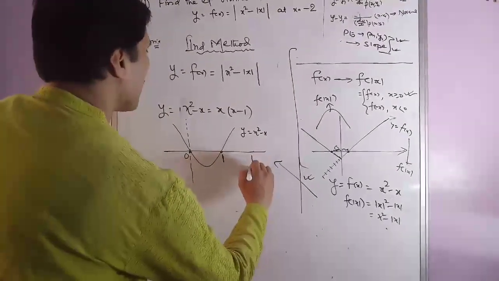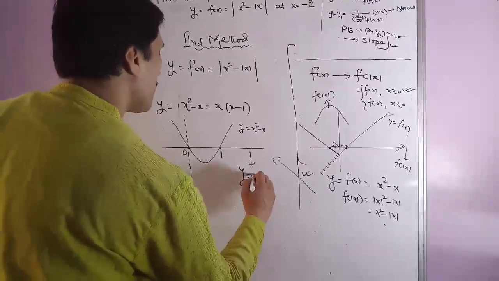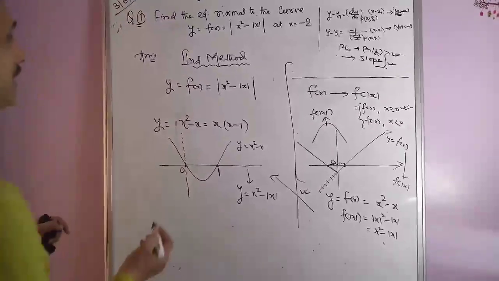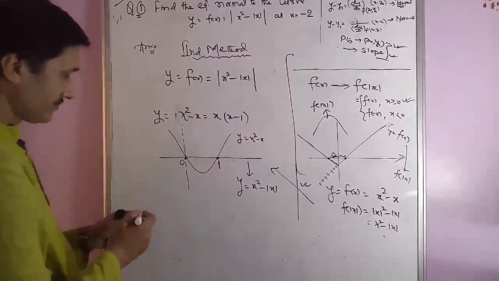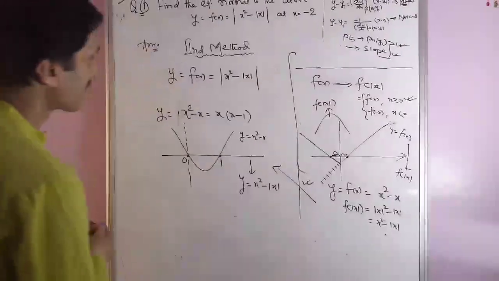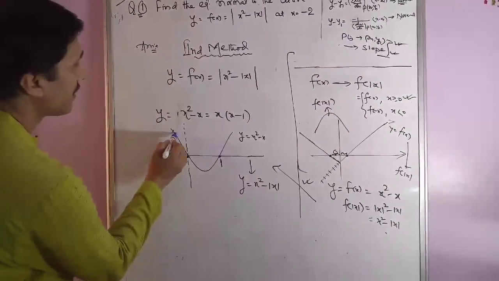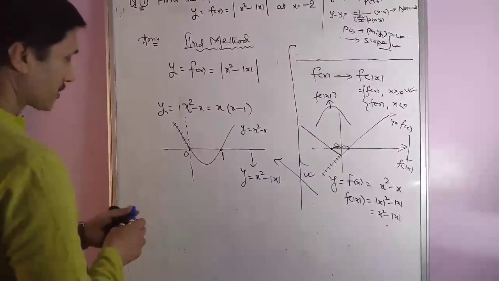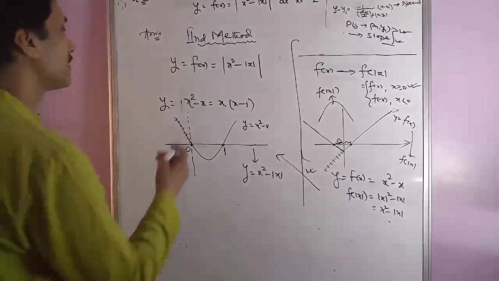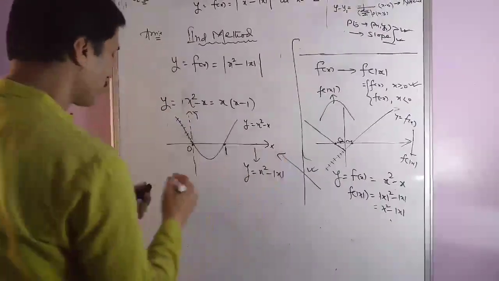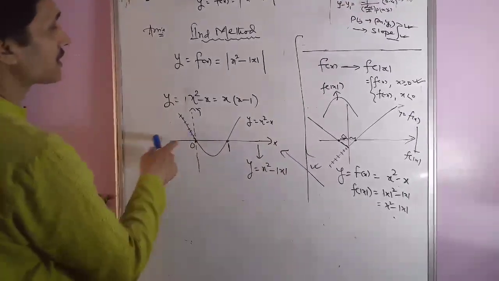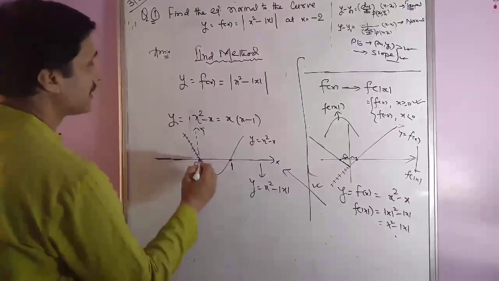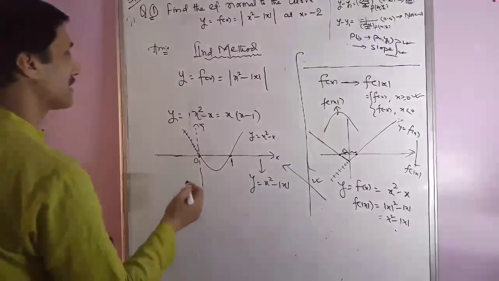We want to shift to y equal to x square minus mod x. For that we cancel the portion of the curve to the left of the y axis, that is this portion, and take the image of the retained portion, that is this portion, in the y axis.